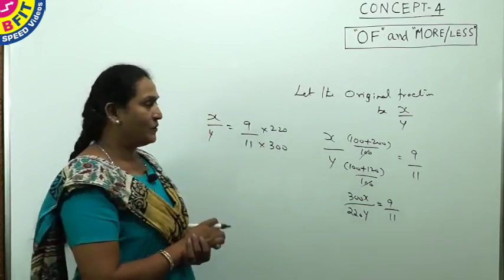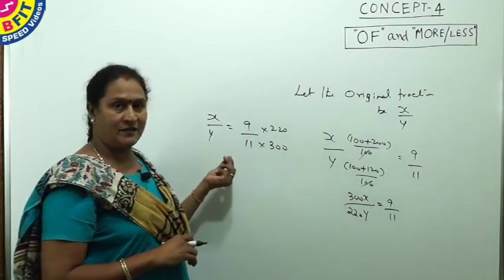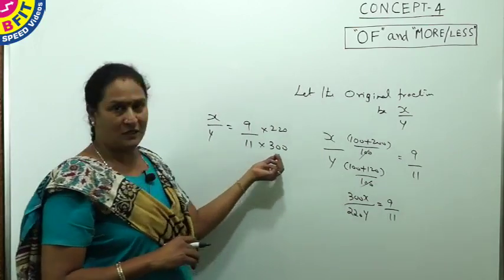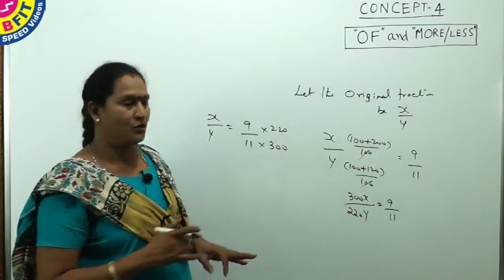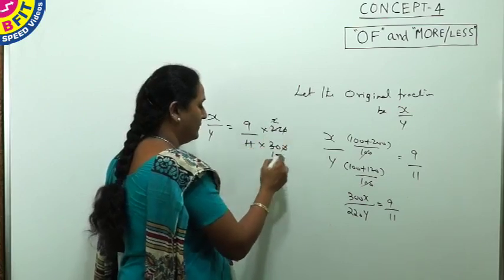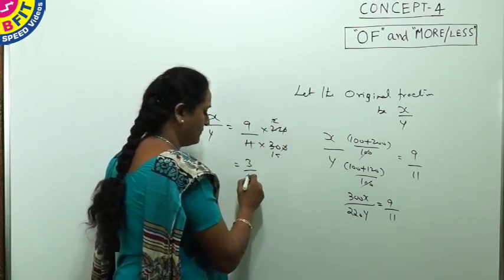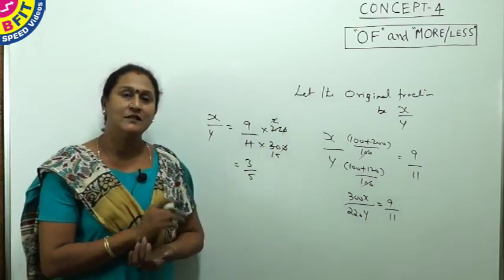So now when the original fraction is asked, instead of doing all this, whatever the numerator change is, multiply it with the denominator, and the denominator change multiply with the numerator. Simplifying, you get the answer. So 3 by 5 is the original fraction. So we'll see the next concept.